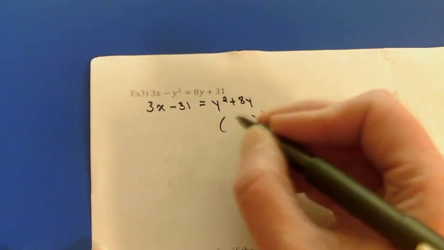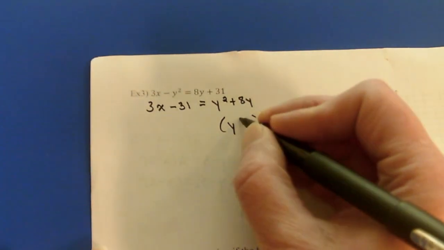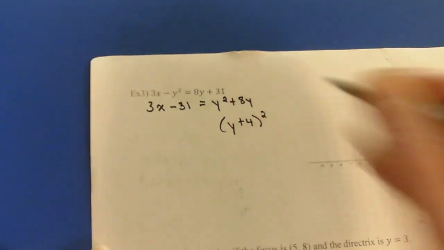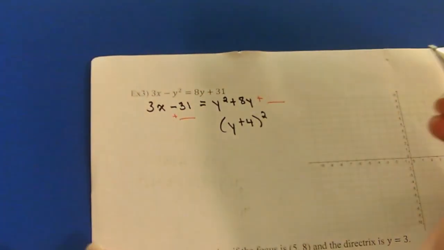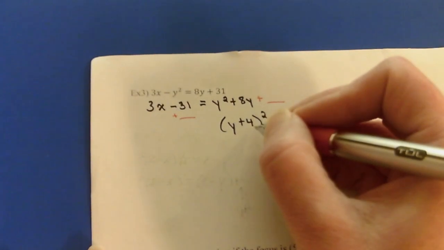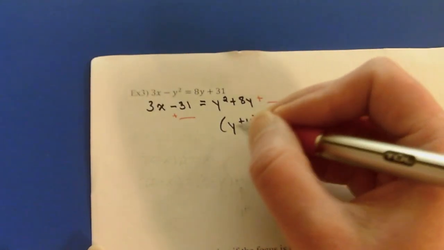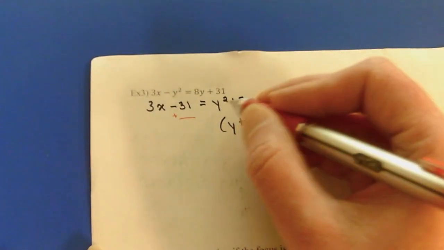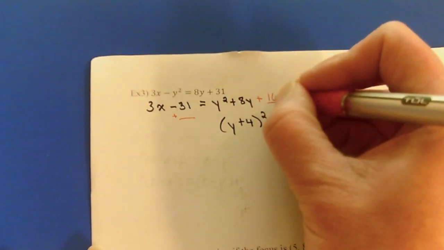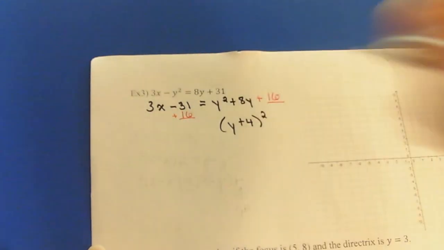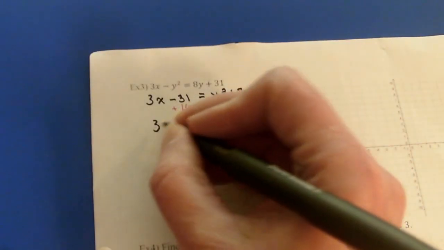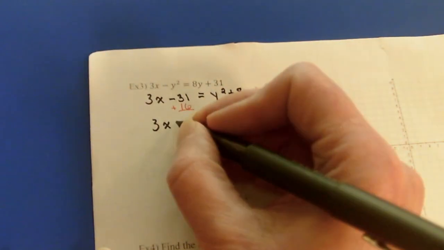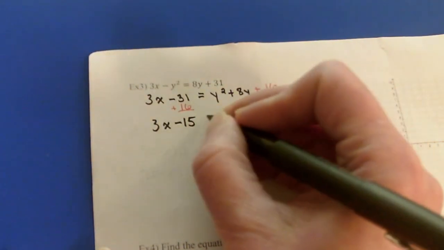So that's going to be y, half of 8 is 4. But to get there, I need to add something here, and I need to add it to the other side of the equation. y plus 4 squared would be y plus 4 times y plus 4. That would give me 8y plus 16. So on this other side, I get 3x, I believe that's negative 15.